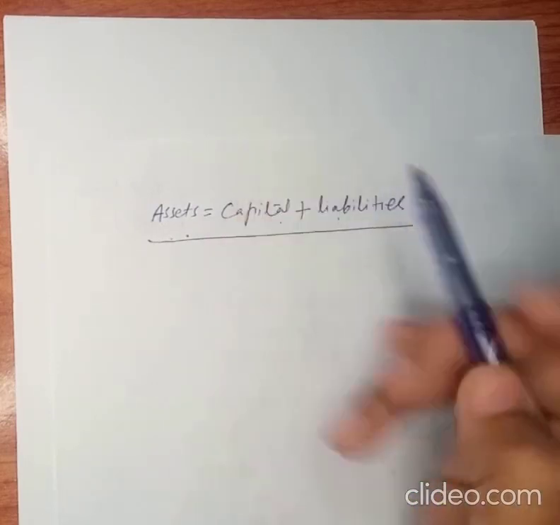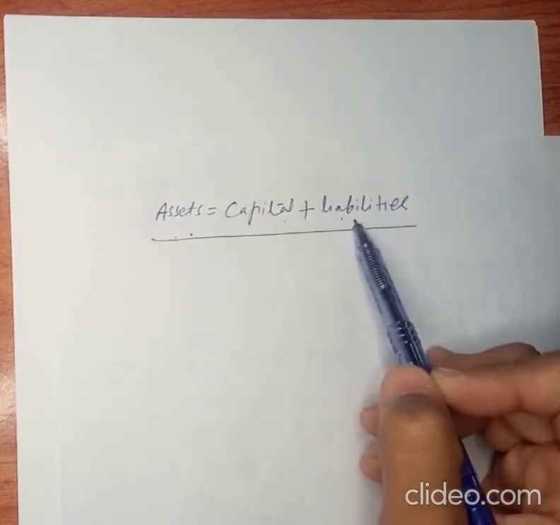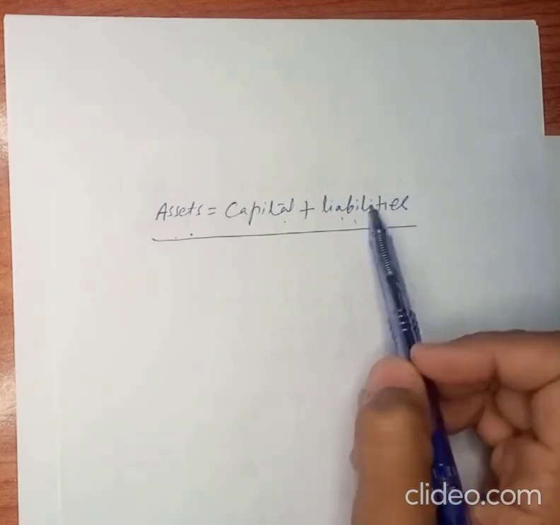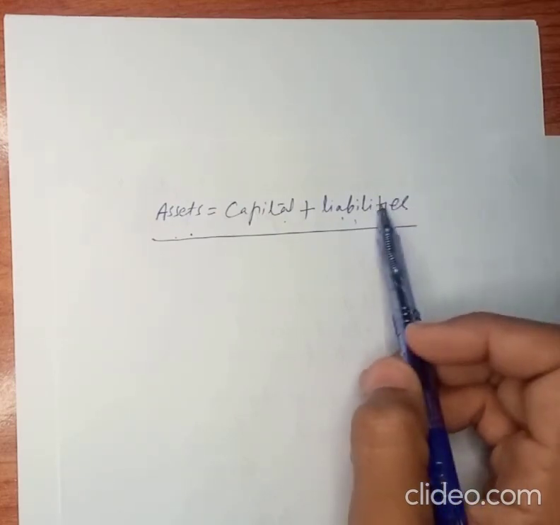And the liabilities include amounts owed by the business for goods and services supplied to the business, and for expenses incurred by the business that have not yet been paid for. They also include funds borrowed by the business.